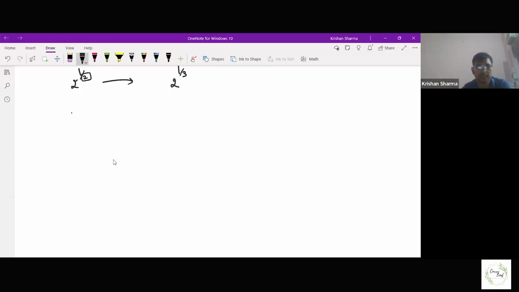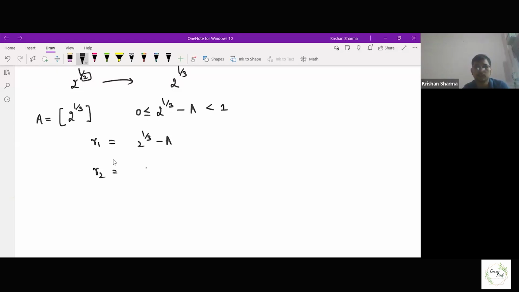So again, we have the number 2 raised to power 1 by 3, and we will take a as the greatest integer value of this. Again, the idea is 2 raised to power 1 by 3 minus a is less than 1 and greater than or equal to 0. So our R1 will be 2 raised to power 1 by 3 minus a.